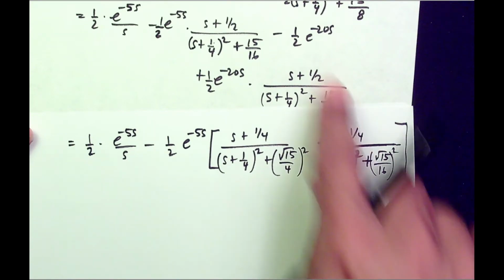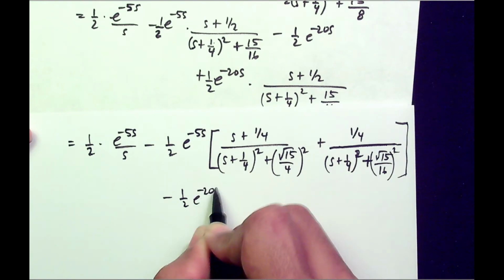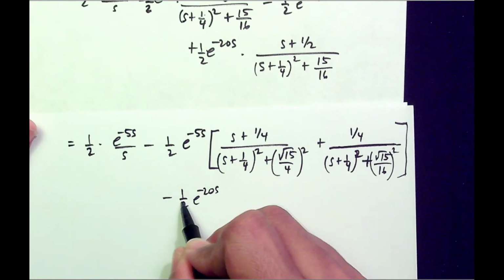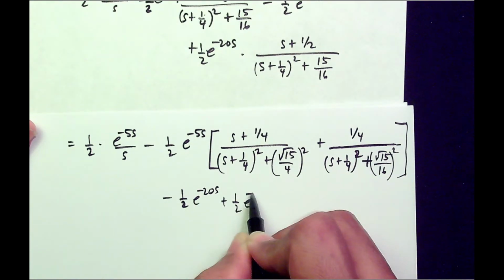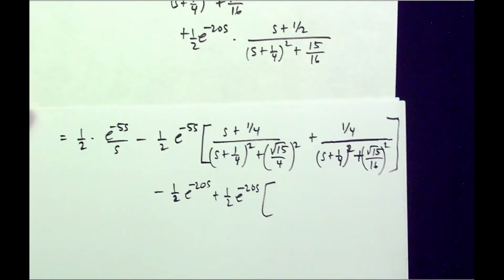Okay, and then I still have these two terms. So minus 1/2 e to the negative 20s plus 1/2 e to the negative 20s, and I need to do the same for that one.